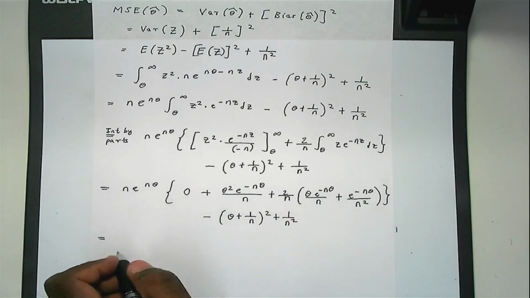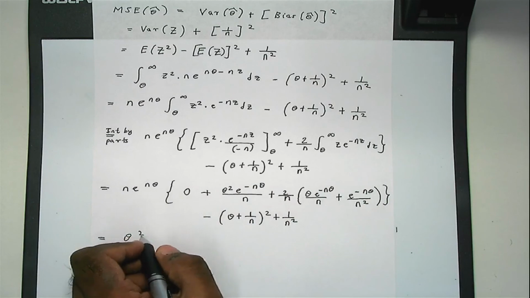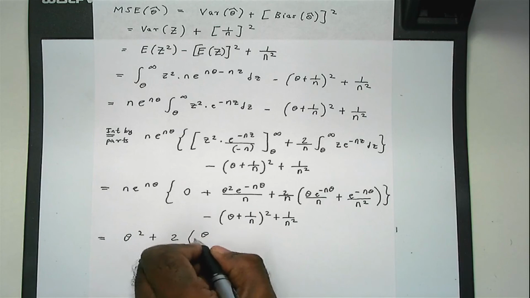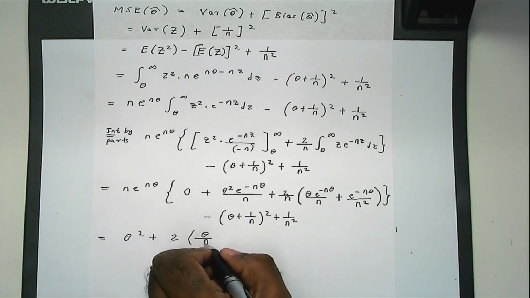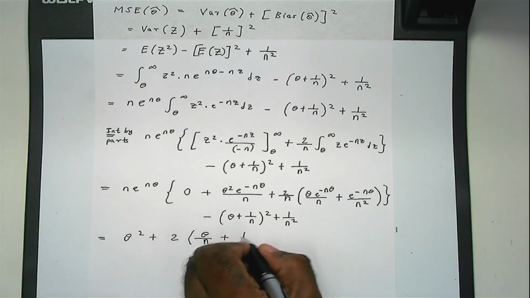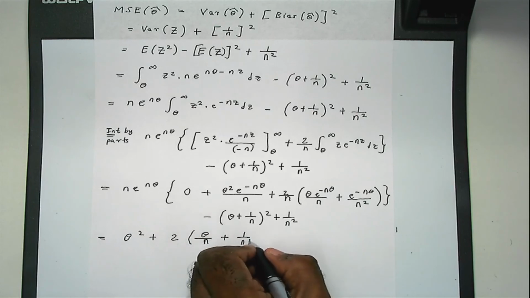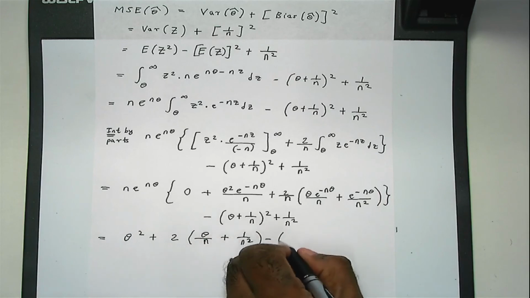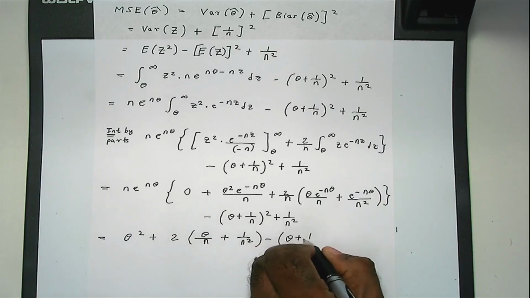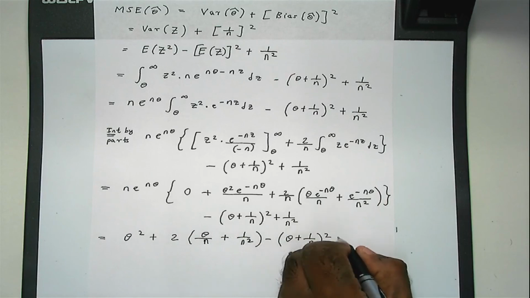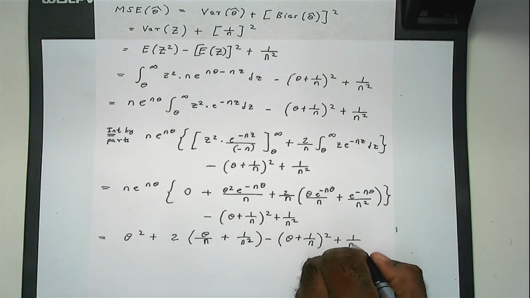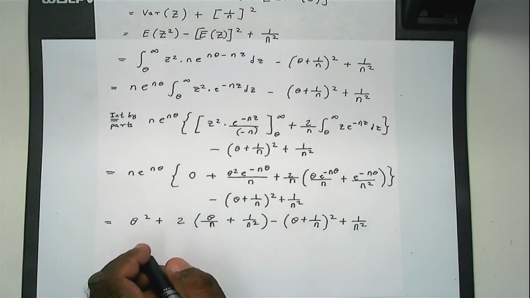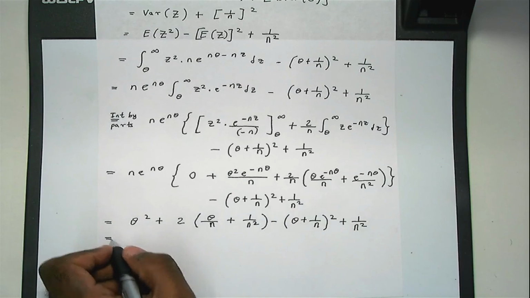So if you multiply everything within the brackets by this, this is what you will get. You get theta squared plus 2 theta by n, so theta by n plus 1 over n squared. And then you have these two terms. Now if you simplify this, which is not difficult, you will get 2 divided by n squared.